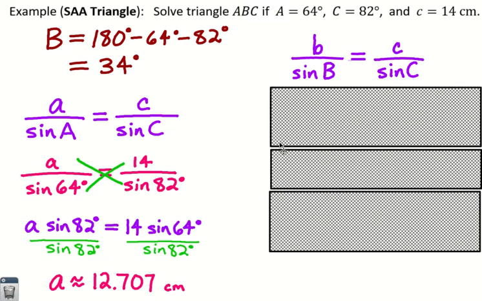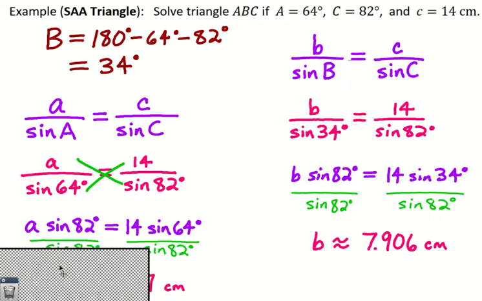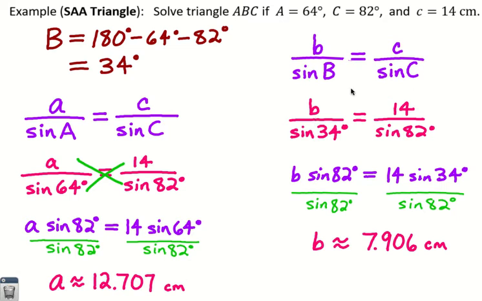And then the rest of this problem, I don't think I need to drag our way through this one so slowly. Now we're just going to do the same thing, but finding side B, right? And I would definitely use this fraction again.